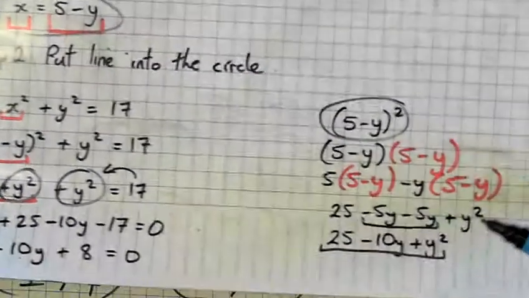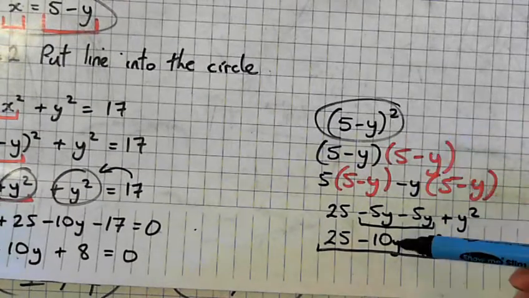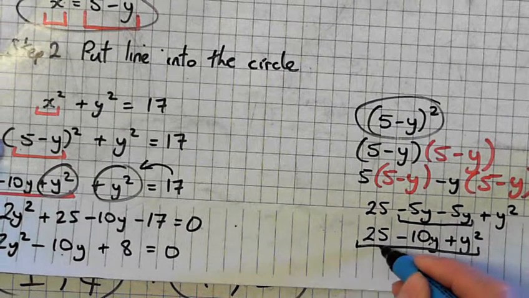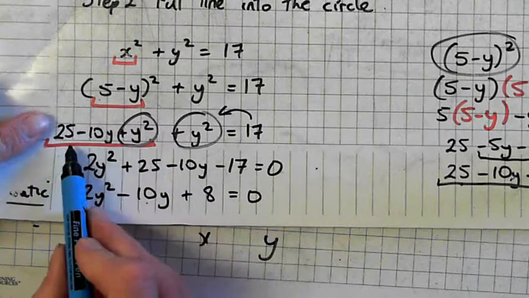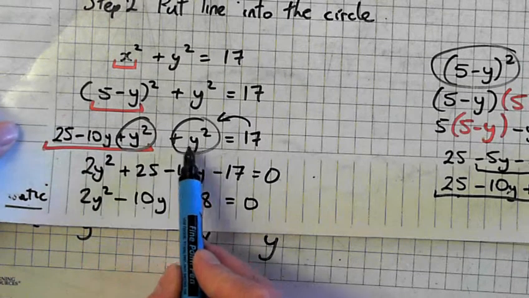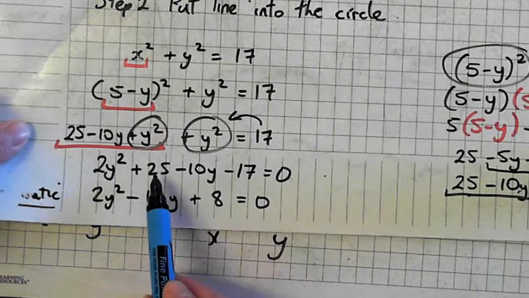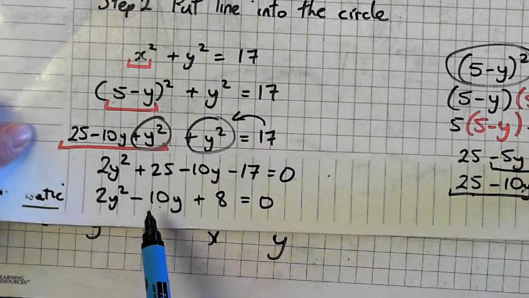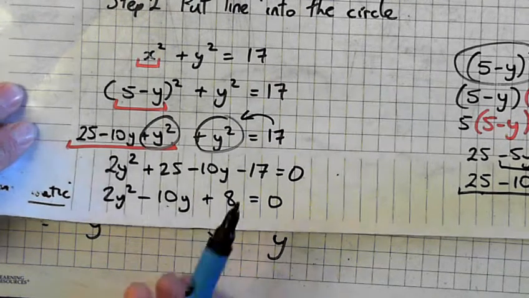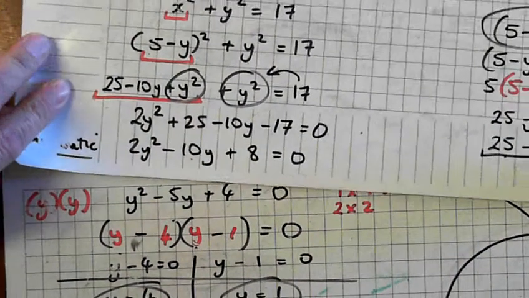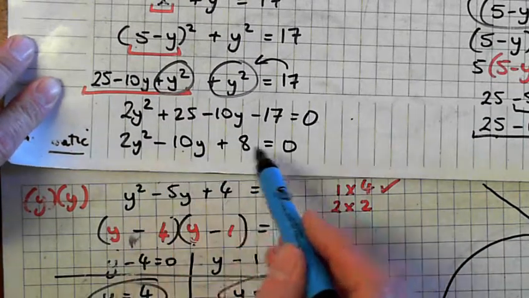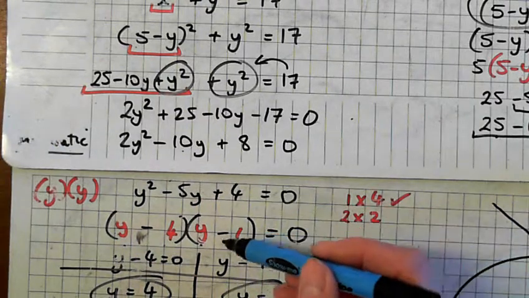Over here on the right hand side we multiply that out. And this was the answer. 25 minus 10y plus y squared. I put that here. Add what you can. We got a quadratic equation here. And then we have to solve the quadratic equation. So first of all we divide it across by 2. And we solved the quadratic equation.